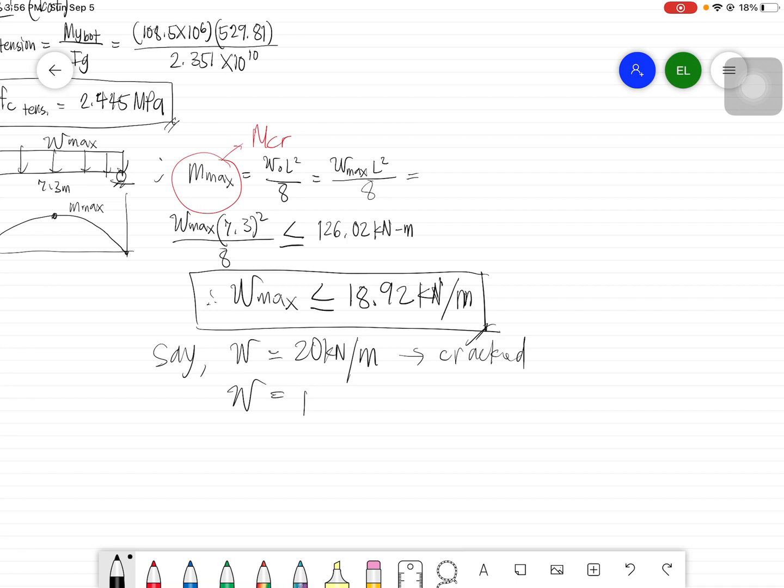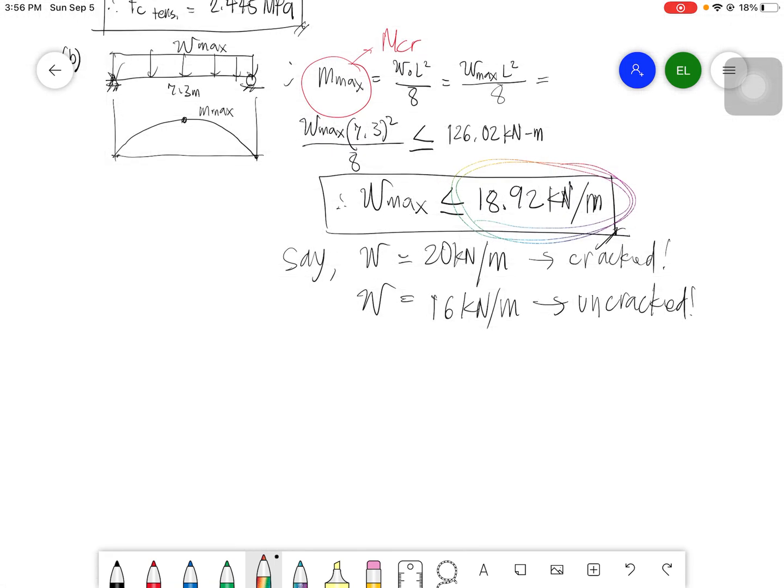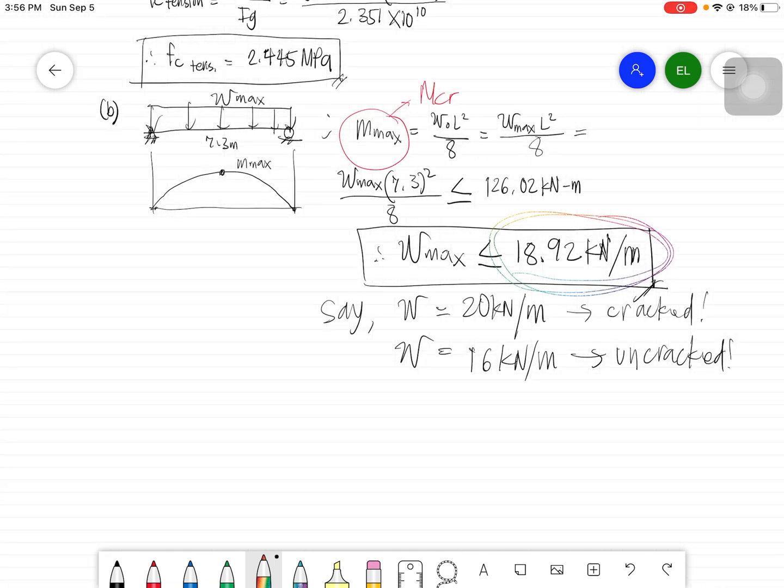So if you have a W that is 16 kilonewton per meter, then your beam could be considered as uncracked. So take note that this is the maximum uniformly distributed load that we could still consider that our beam is uncracked. Okay, so I hope this is clear already.